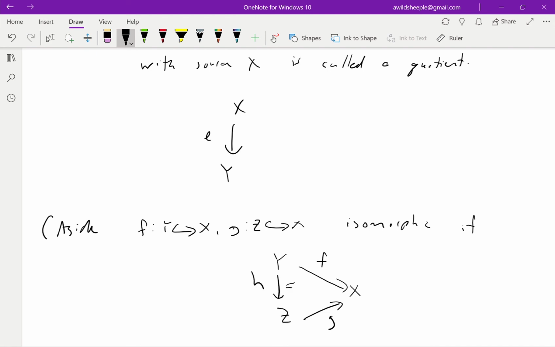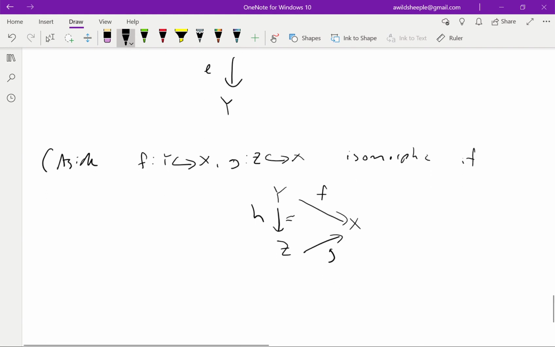And exactly the same for epimorphisms, except, like I said, we flip the source and target, so we just turn this diagram around. And this is an isomorphism in Cx.